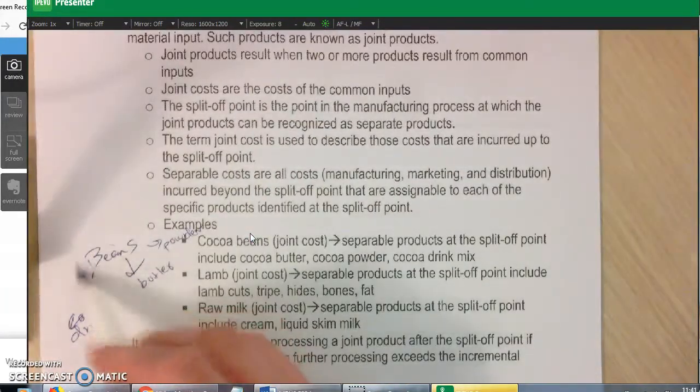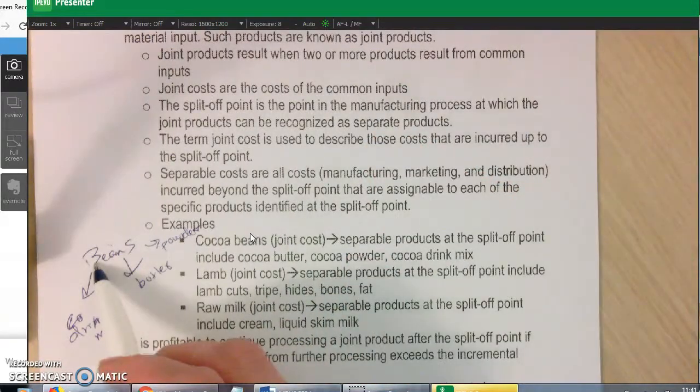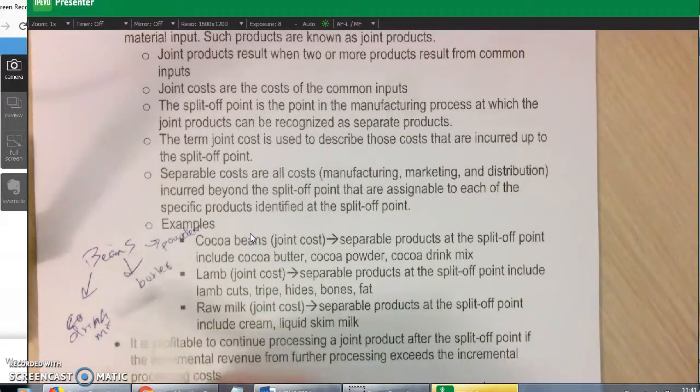The cost of buying these beans is a joint cost because it's shared by these different end final goods.